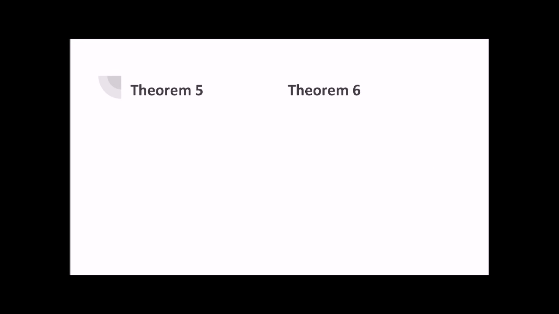Theorem number 5. This theorem tells us that if we have a variable a or a inverted b, it is equal to a plus b, and if we have a variable a and a inverted plus b, this is equal to ab.